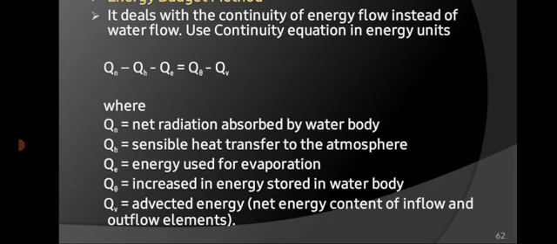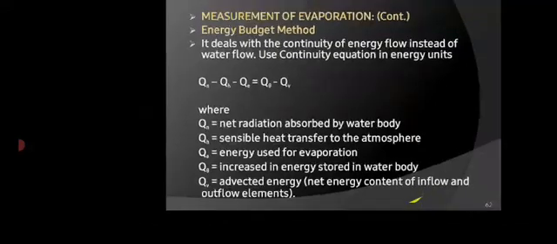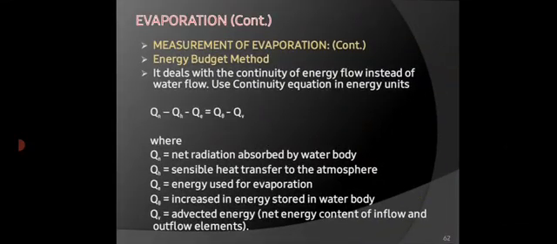So the net radiation absorbed by the water body, minus sensible heat transfer to the atmosphere, minus energy used for evaporation, is equal to the increase in energy storage in the water body, minus advected energy, the net energy contained in the inflow and outflow elements. So the energy budget equation deals with the continuity of energy flow instead of water flow.